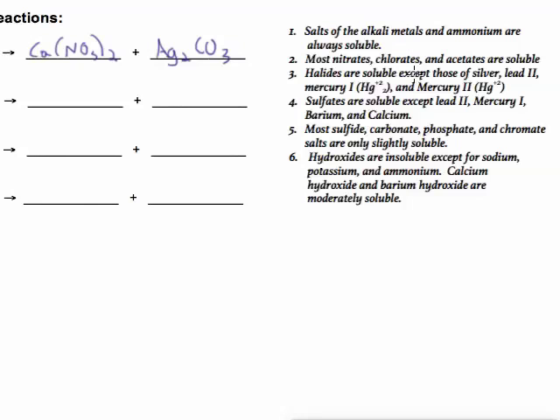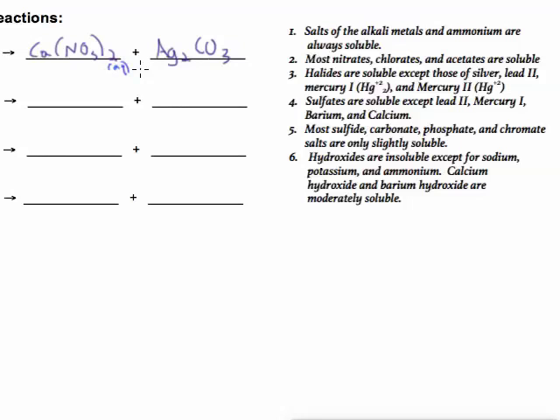So let's look at this first one. We have calcium and we have nitrate. So we should look through our list for something about alkaline earth metals, or calcium specifically, or nitrates. And you can see in number 2, it says most nitrates, chlorates, and acetates are soluble. So that means this calcium nitrate is going to be aqueous. And then we have silver carbonate.